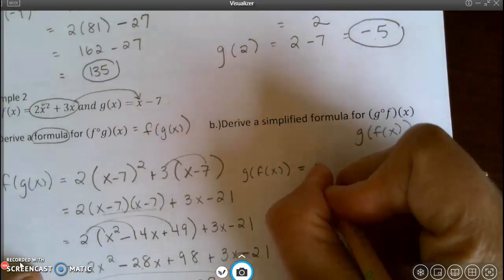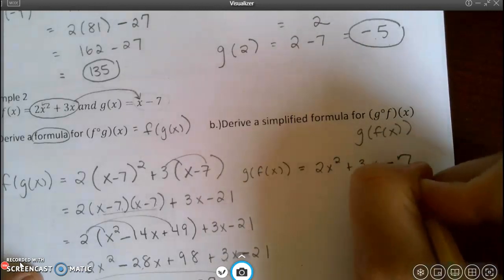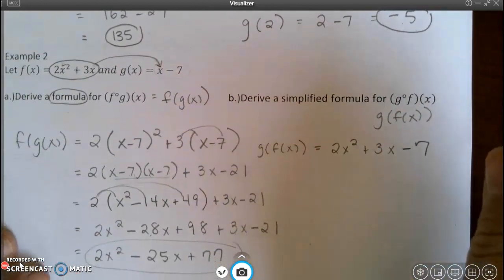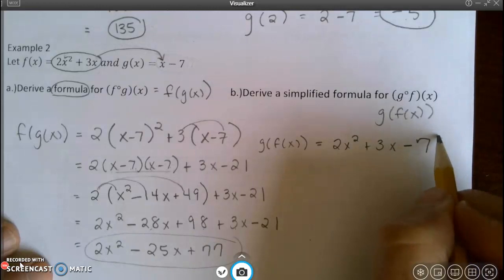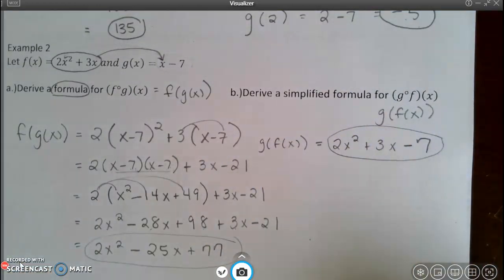So instead of writing x, I'm going to write 2x squared plus 3x and then minus 7, and I'm done. There's nothing else to do. That's it. No simplifying.